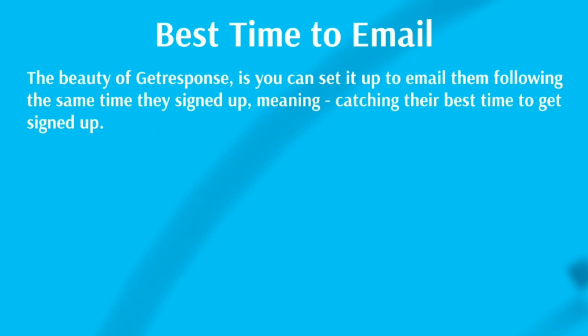You can set it up so that they receive an email every day, every other day, or once a day, and then you skip 2 days, and then you go 3 days. Or you can even set it up so that you only email them during Monday through Friday, and you skip Sunday and Saturday.